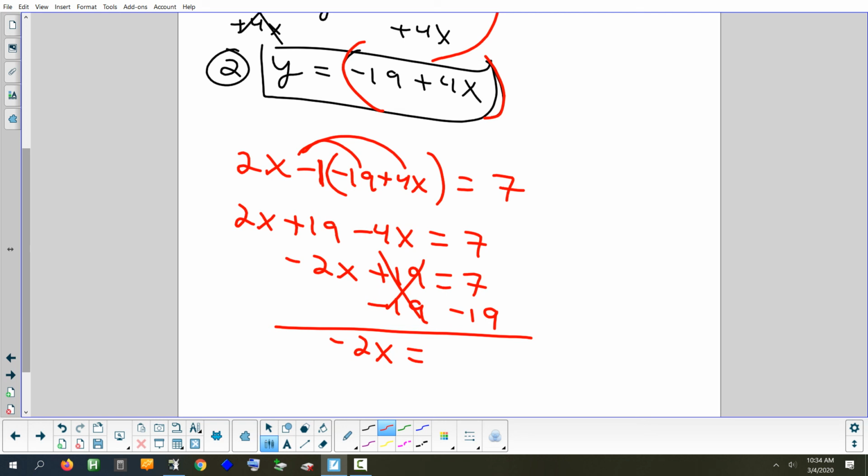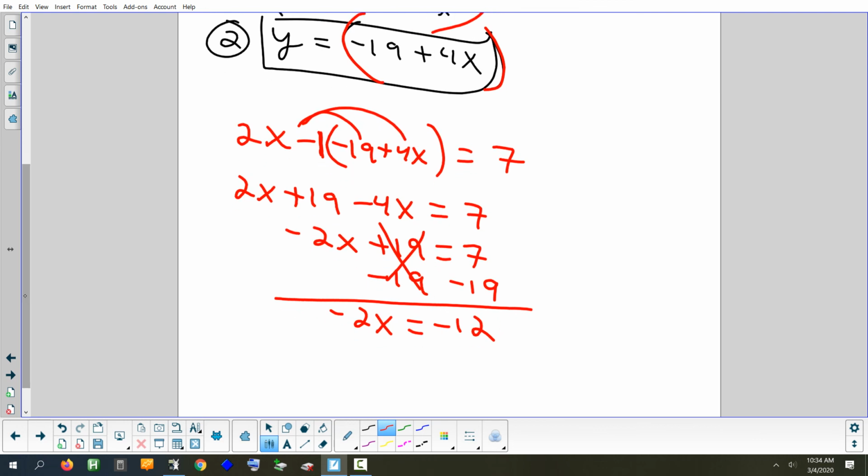What's 7 minus 19? Negative 12. Yep. And James, what would be my last step, and then I'll have x by itself? Divide by negative 2. Divide by negative 2. That's gone. And you get x equals 6.